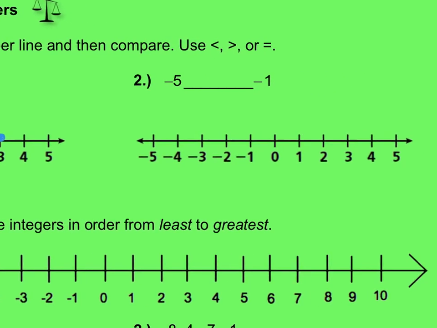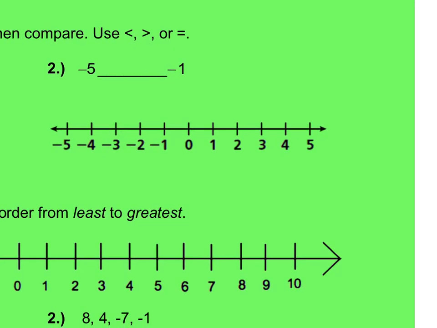Number 2. It's a little trickier when they're both negatives, because a lot of people have the instinct to say that that's bigger because 5 is bigger than 1. However, the rule is the bigger the negative, it's actually the smaller the number, and we'll mark it on the number line to show you why. We have negative 5 right there, and we have negative 1 right there. If an alligator was eating people and it wanted to stay as full as possible, it'd rather puke up 1 person than 5 people.